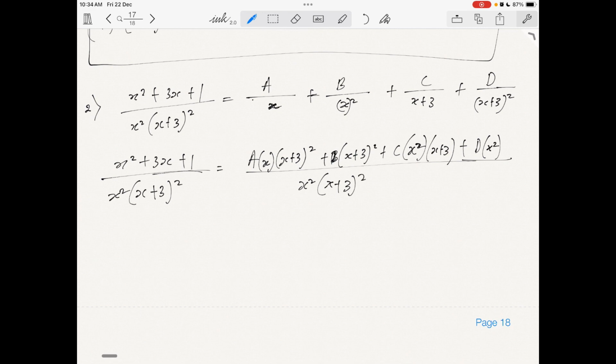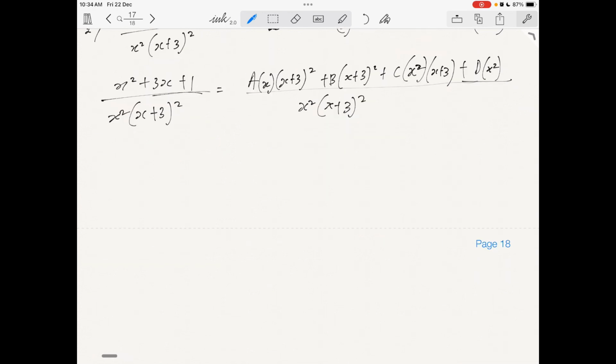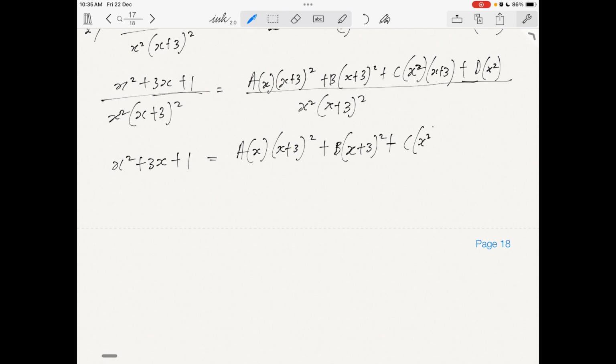Let's close the bracket there. Alright, since the denominators are equal, like we usually do, we now focus on the numerator. So let's just rewrite it. We can apply the cover-up method for a start to get some values before we go into comparing coefficients.